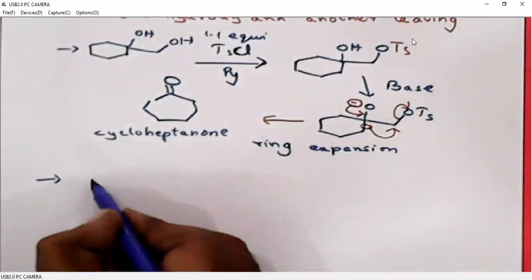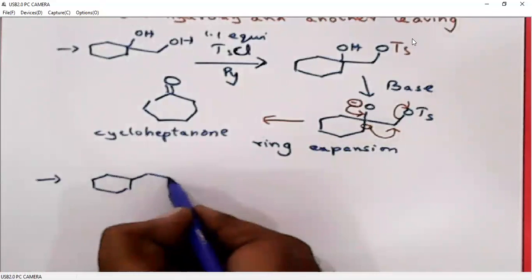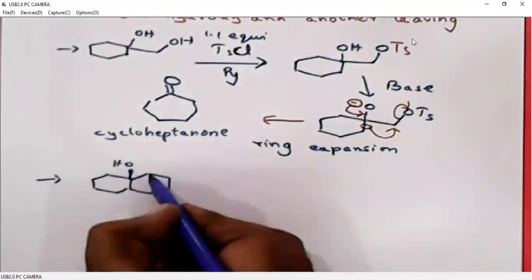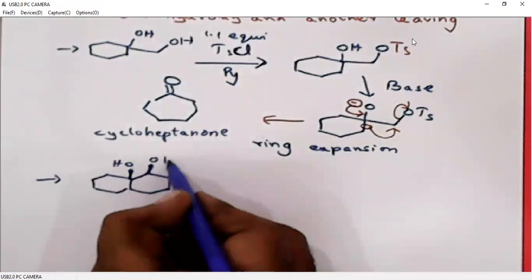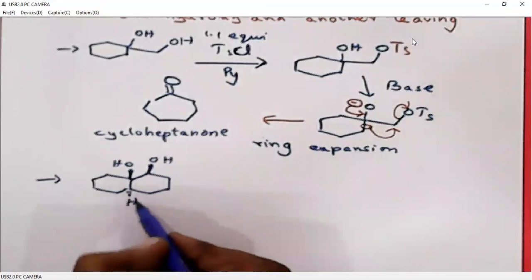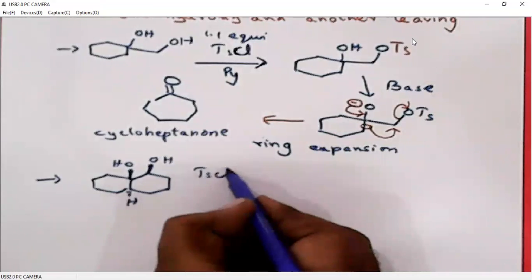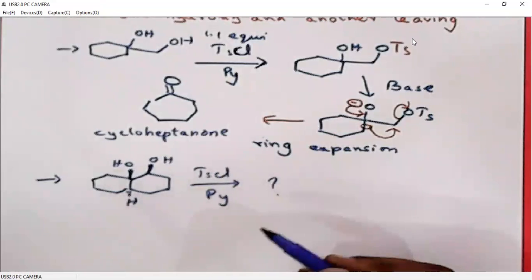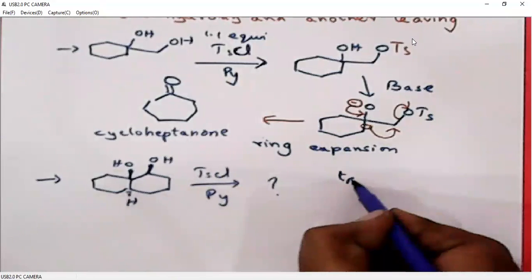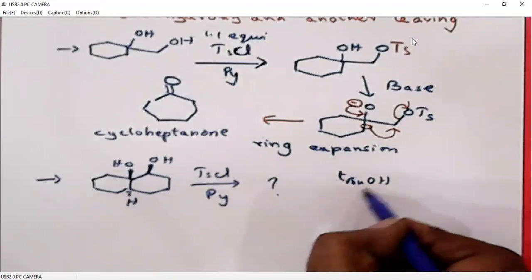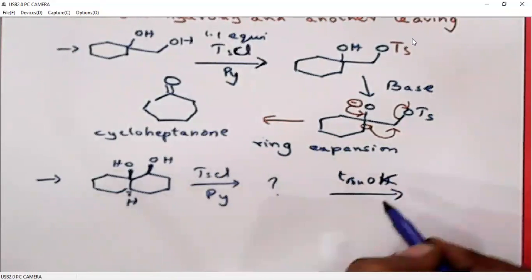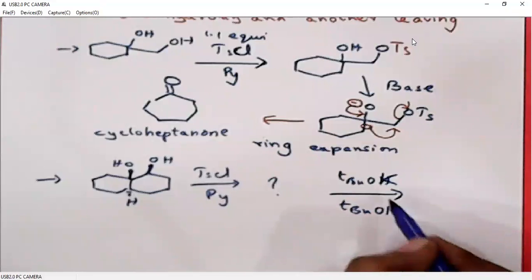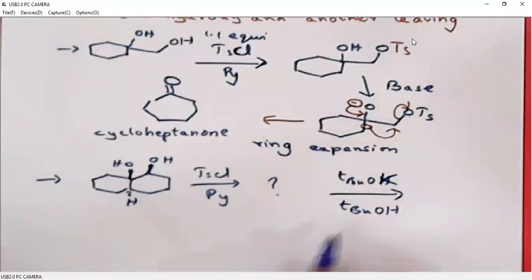In the next example, it is a similar example. You write the product, and it is treated with potassium tertiary butoxide. Potassium tertiary butoxide is a strong base. Generally, we will use the same alcohol.